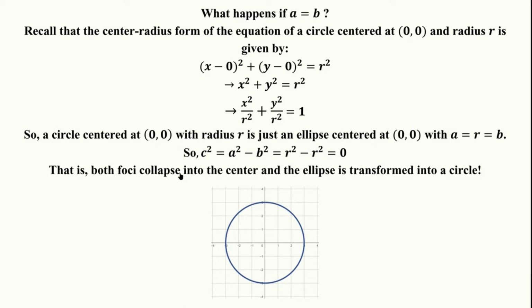So both of the foci are basically going to collapse into the center, and the ellipse is going to get transformed into a perfect circle. That's what happens if a equals b in the equation we just learned for the ellipse, x squared over a squared plus y squared over b squared equals 1.